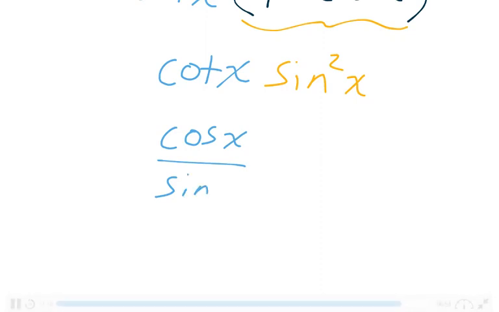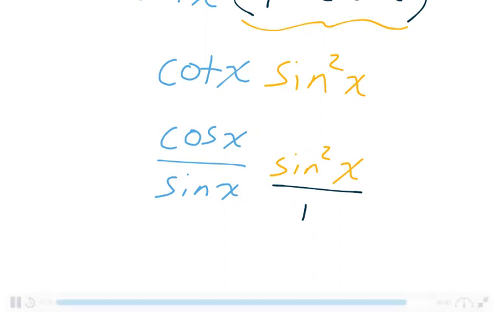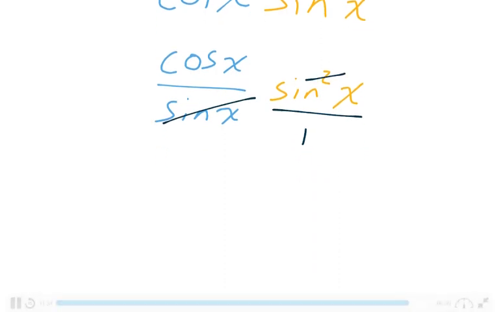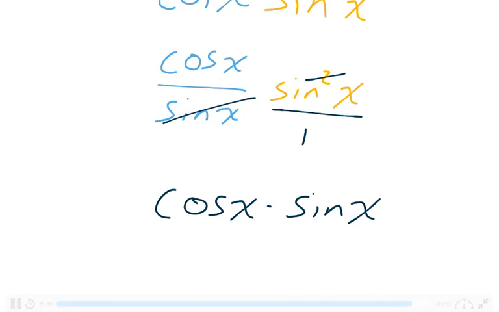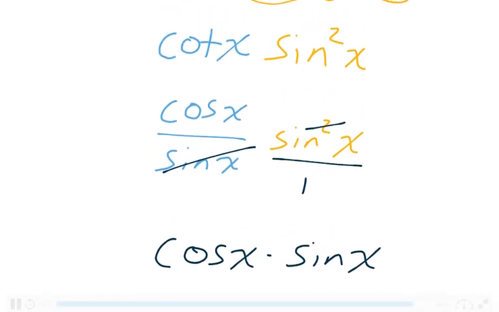It should, because I'm going to change it to be cosine over sine. Remember, that's the quotient identity. And now we have the ability to cancel the sine in the denominator with one of the sines that's in the numerator. So that's going to leave us with a cosine and just a regular sine. In other words, cosine times sine.